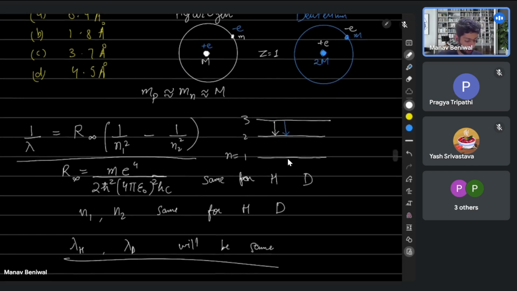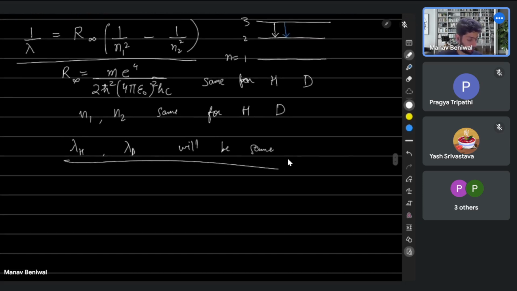when we consider finite mass, then we write R as mu times e to the power 4 and same thing. Correct? Now here mu is reduced mass.